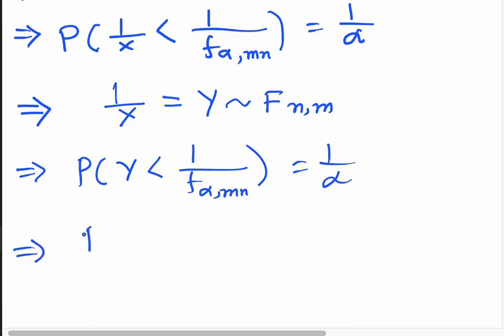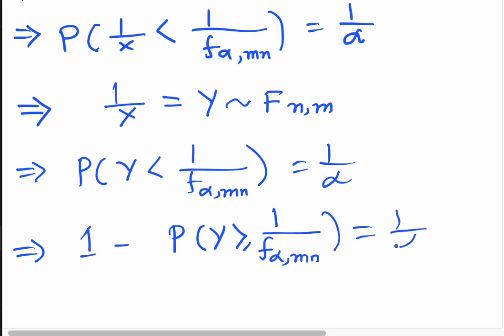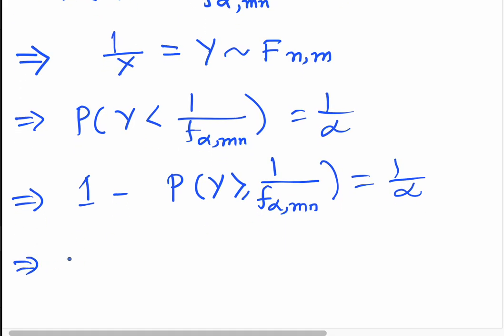So this means 1 minus the probability of y greater than or equal to 1 over F alpha m n should equal 1 by alpha.